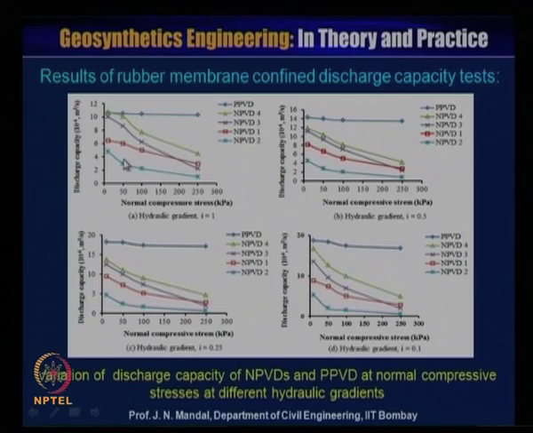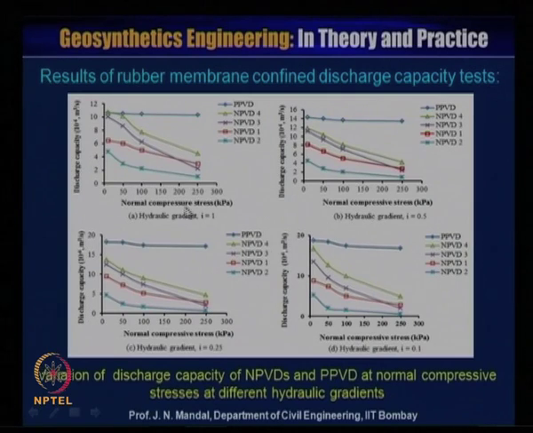At a particular time you are collecting the water, and what will be the quantity of water at that time due to the applied load of 50, and then you calculate the discharge capacity. Similarly, the next is 100 kilopascal normal compressive stress, then water is passing through the geotextile material and you are measuring the discharge capacity at a particular time.